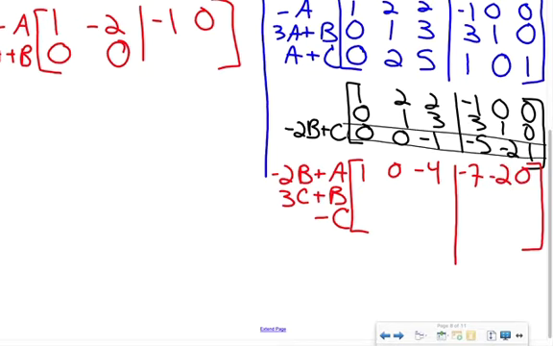For the next row, I moved the box in the black matrix so you can see what row I'm multiplying 3 by.